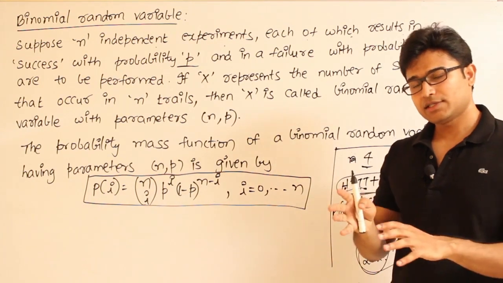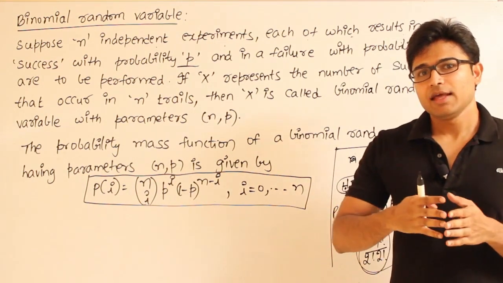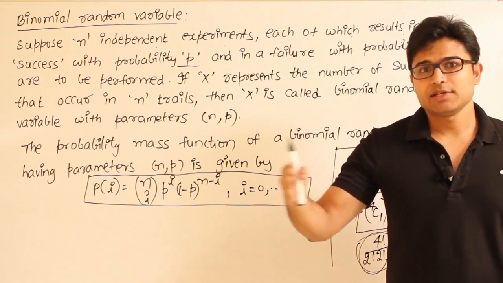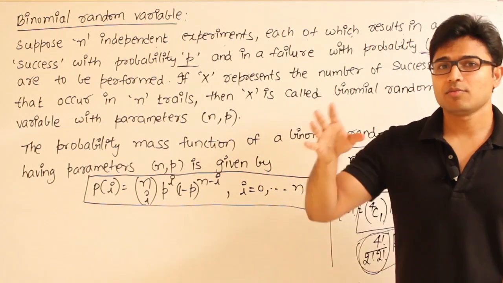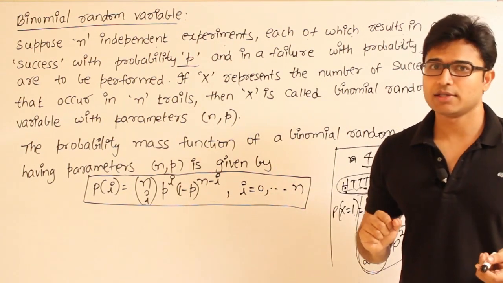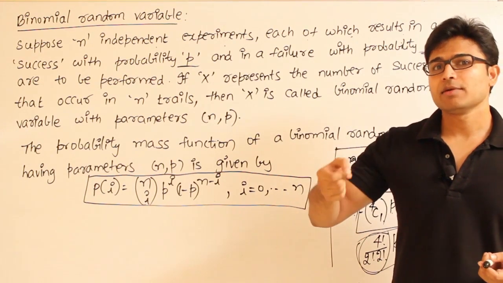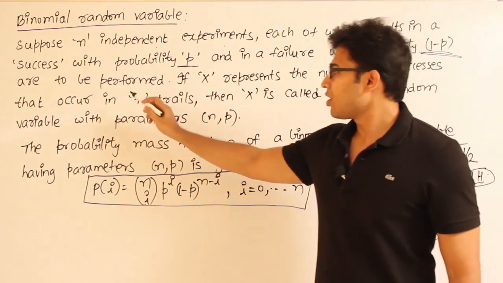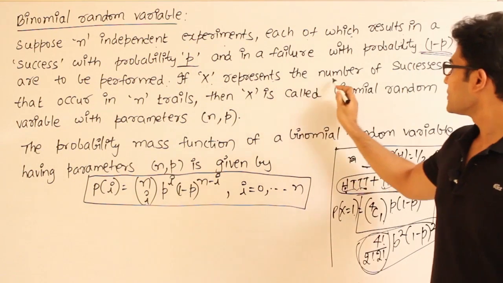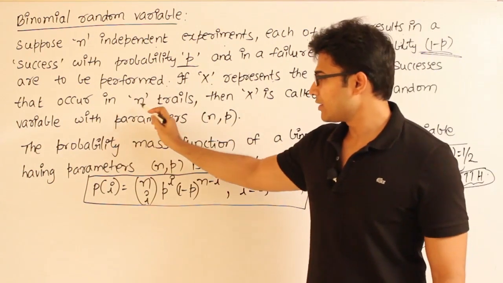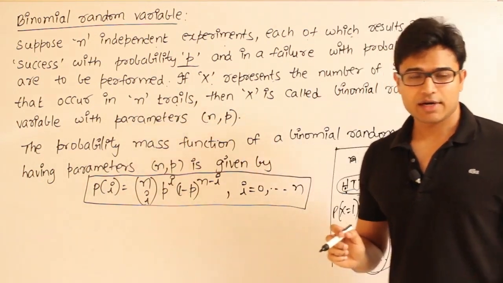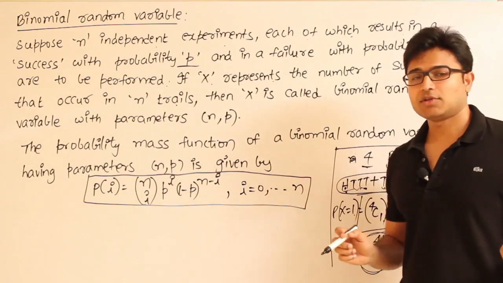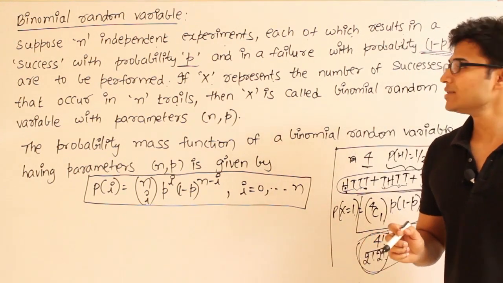So once you have such an event, then if you combine n such experiments, and after performing all these n experiments together, you try to count the number of successes. See this: if capital X represents the number of successes that occur in n trials, right? So you are conducting the experiment 10 times and you are actually counting how many times you get the success.